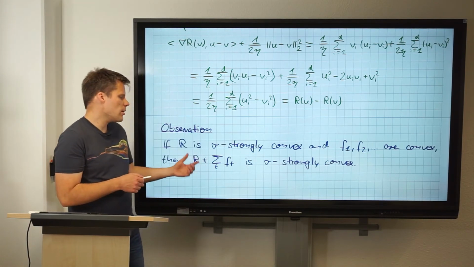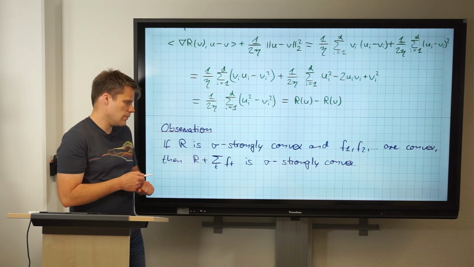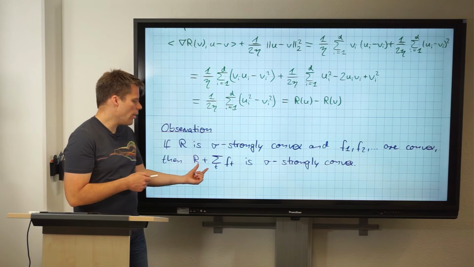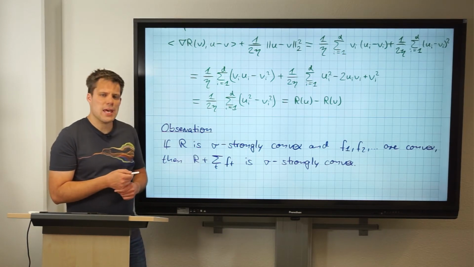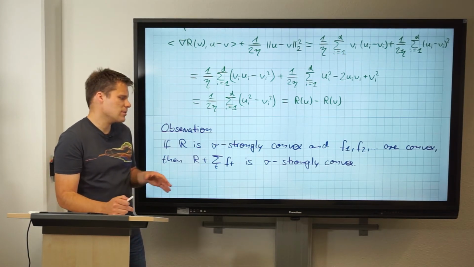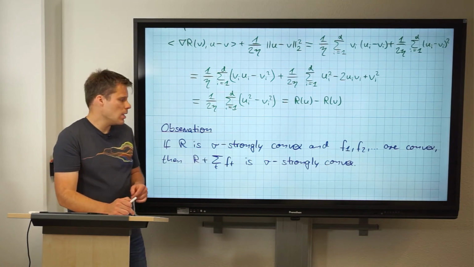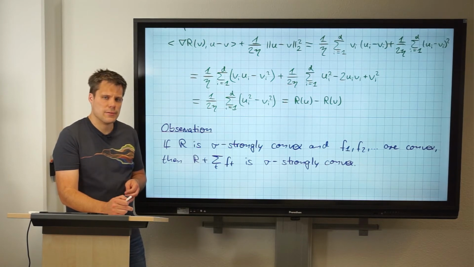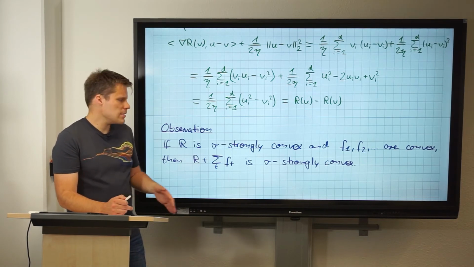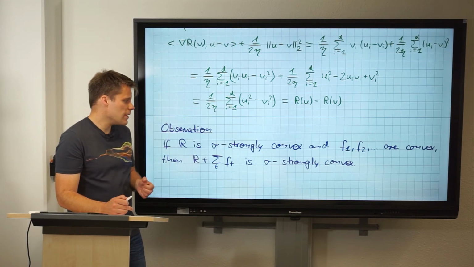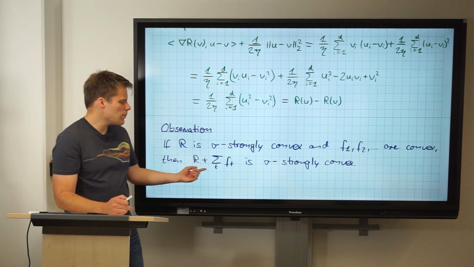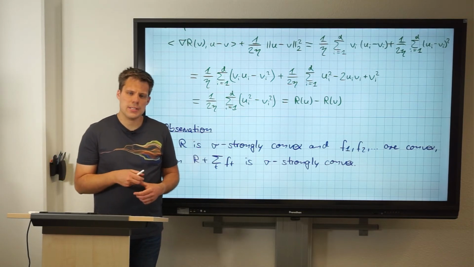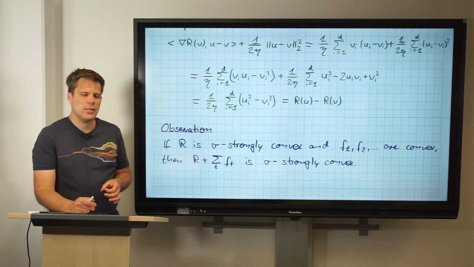We only assume that our regularizer is sigma strongly convex, because then also the sum of R and the sum of the f of t will also be sigma strongly convex, although these individual functions are only convex themselves. So this is what the strong convexity of the regularizer buys us: what we are then optimizing over in every single step of follow the regularized leader will be a strongly convex function.